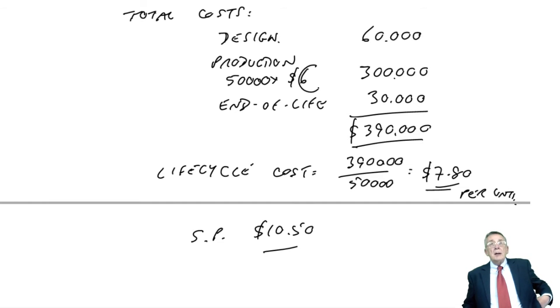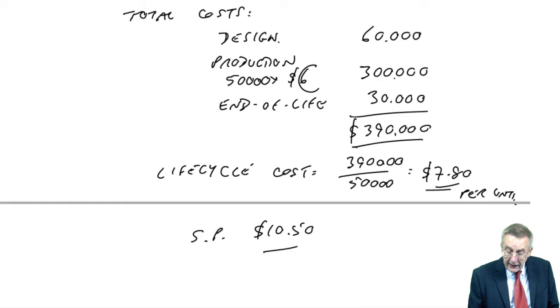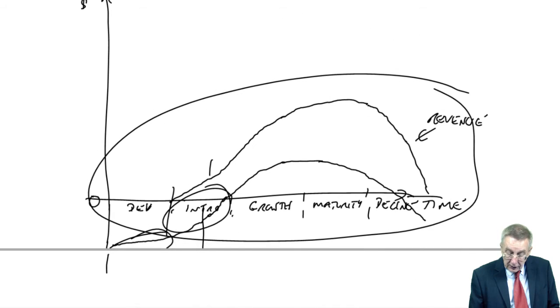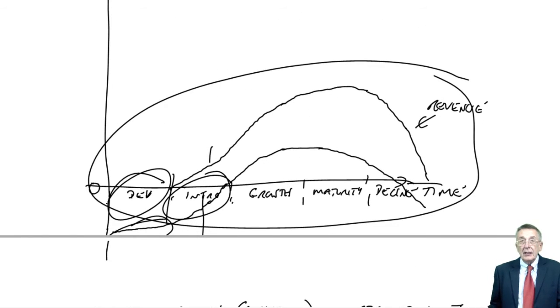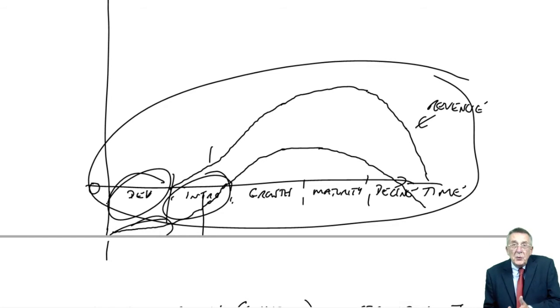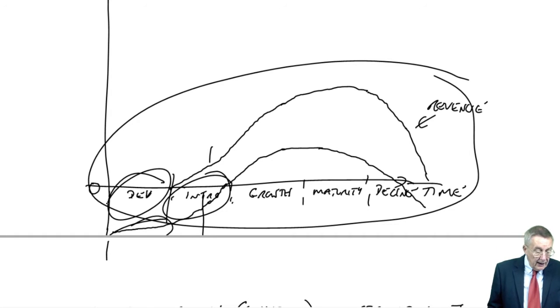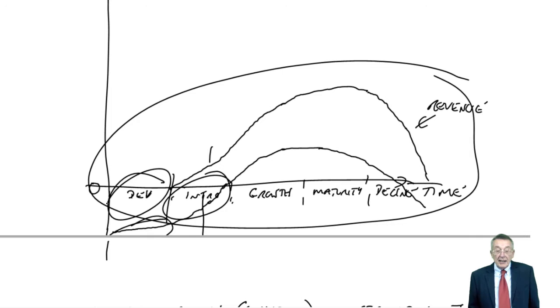When I drew the little picture at the very beginning, you've got quite a period, in general, of development. Well, the shorter that period, the sooner we can start selling, the sooner we can start reporting profits. Minimise break-even time.